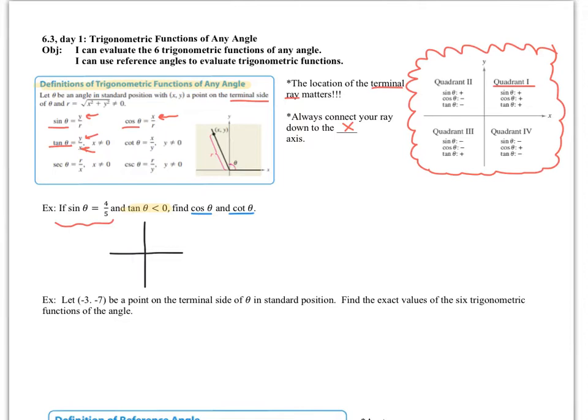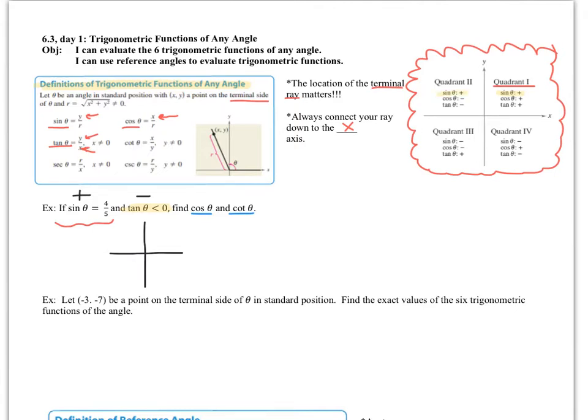Notice it says if sine of theta equals 4/5. That means sine is positive. But then it says tangent of theta has to be less than 0. So tangent has to be negative. If we look over at our chart on the right, we know that sine is positive in quadrants 1 and 2.